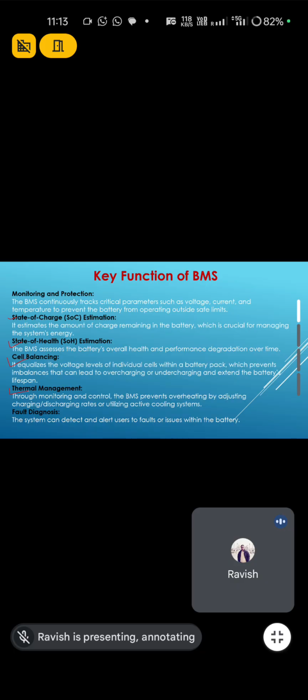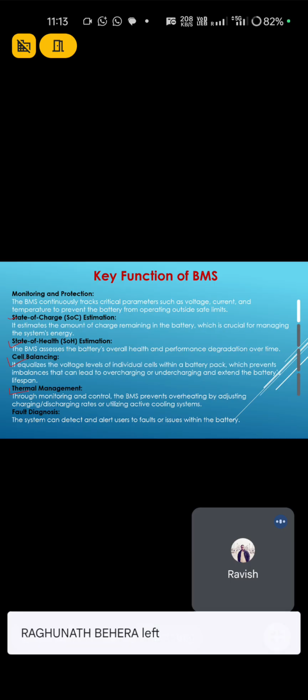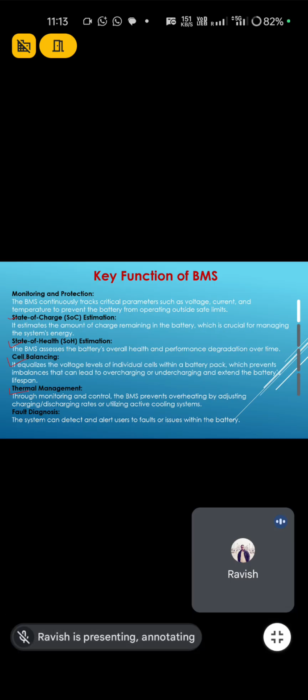If the battery pack is overheating, then your BMS will stop the charging and stop the discharging for safety purposes. And when your battery pack goes down to the nominal temperature, the BMS automatically starts the charging or discharging.